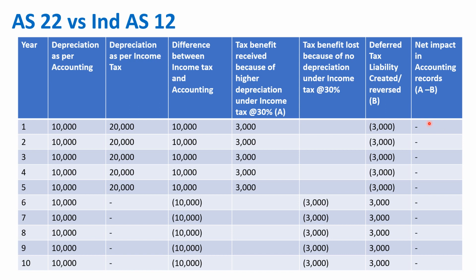So the net impact under the accounting records for all the years is nil because we are creating deferred tax liability. The saving that you have here, we are reducing by posting the entry of deferred tax liability. And when we don't get the benefit from the Income Tax Act, we start utilizing the liability. That means we will be showing expenses paid during these 5 years, and the accounting impact is nil for every year.